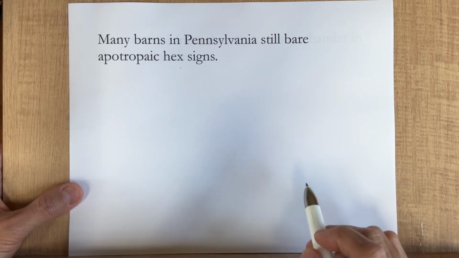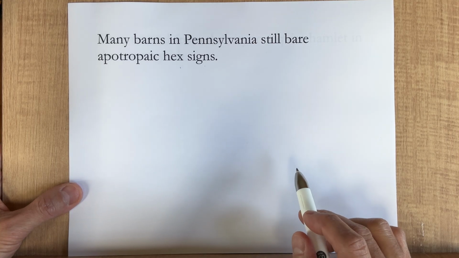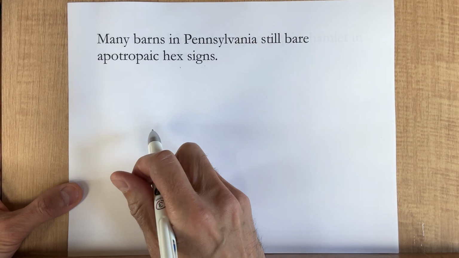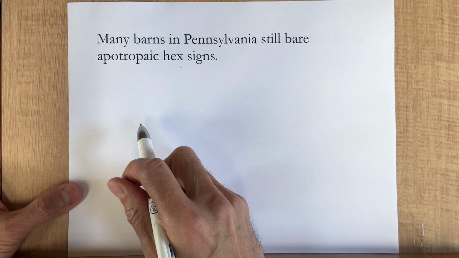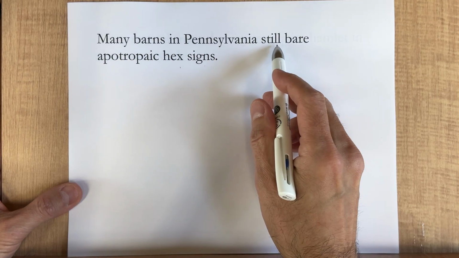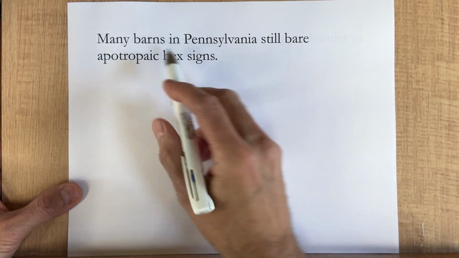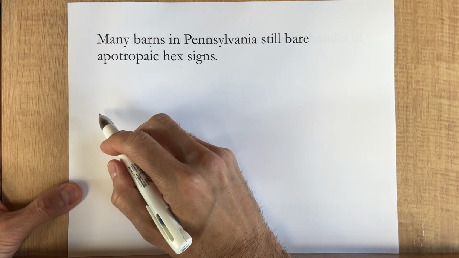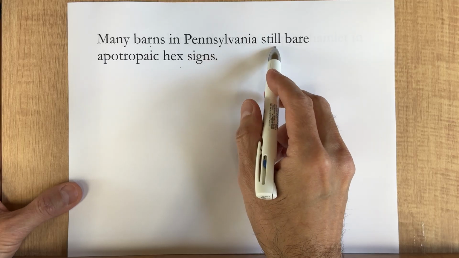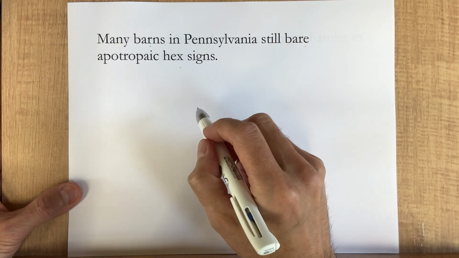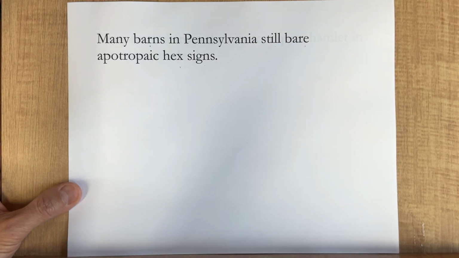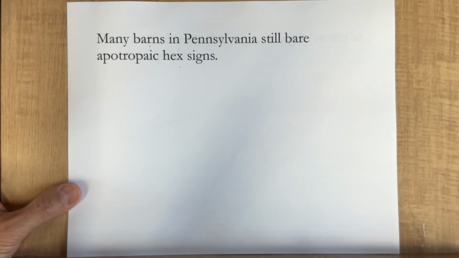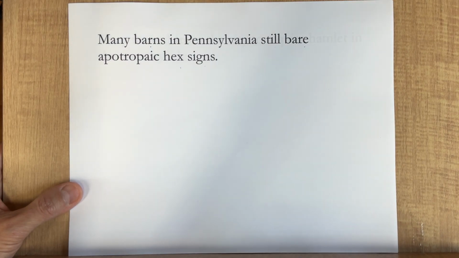Anyway, let's diagram this sentence and let's start with what is the subject of this sentence? Many barns in Pennsylvania. I would say barns. What is the verb? Many barns in Pennsylvania still bear. Okay, I would say bear is the verb. What about a direct object?